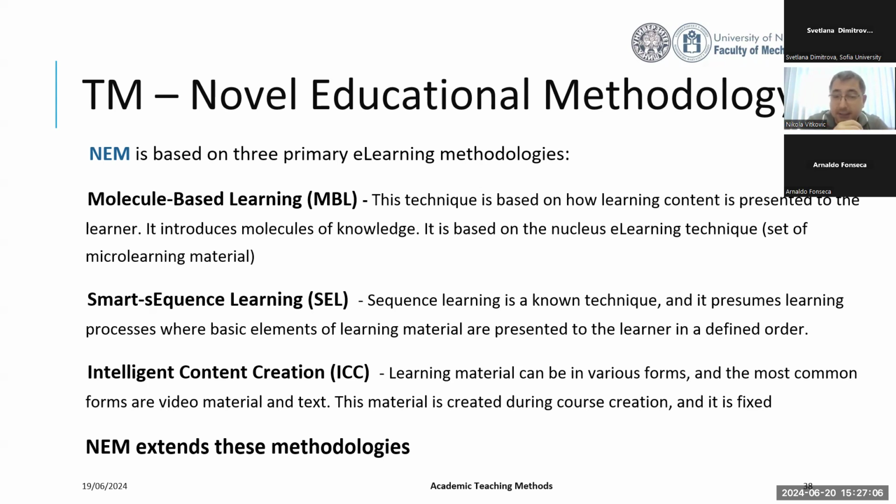So sequence learning is a good thing when you want to distribute the material in some ordered way. Intelligent content creation is another thing, or let's say another way of representing knowledge. And this is a very good approach to create a sequence of learning in a different way.